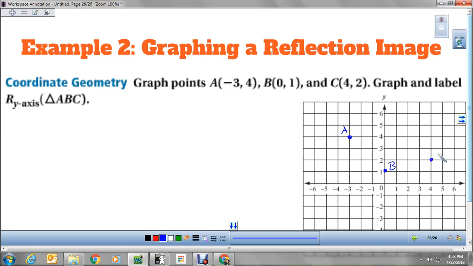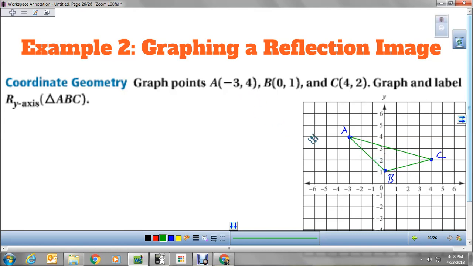So this is going to be point C, 4 on the X, 2 on the Y. So let me put point B down here a little bit lower. So now let's draw a line that connects these. All right, so we have our shape.